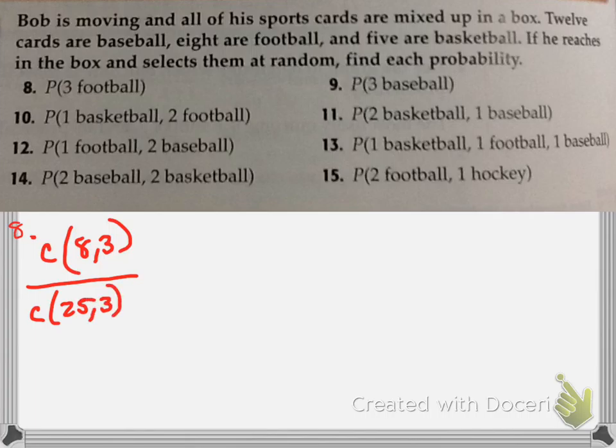So the total that I'm doing is there's 25 cards in this box, and I'm picking 3 out. That's what I'm doing. The good things that would happen is if I chose 3 of the 8 football cards. So your calculation for number 8 is combination 8-3 divided by combination 25-3. If you do that correctly, you should get 2%, roughly.